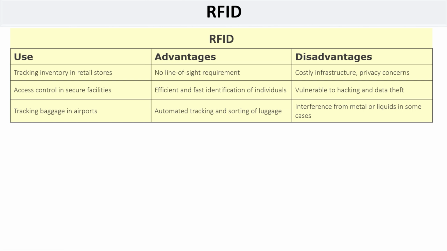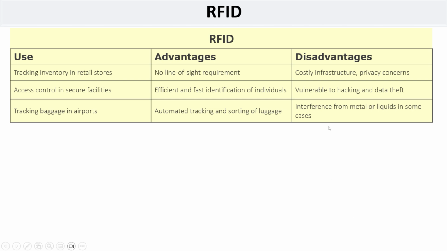The disadvantage with the use of the RFID has to do with cost. The initial cost of installing and everything comes out very costly, or is very high. And then they are vulnerable to hacking and data theft. Since they make use of radio frequencies, they can be hacked into.